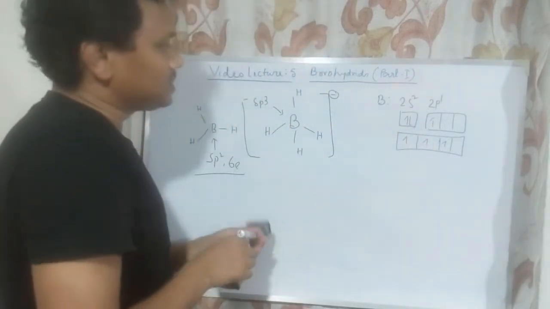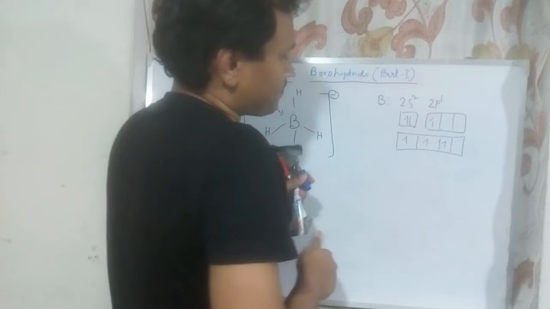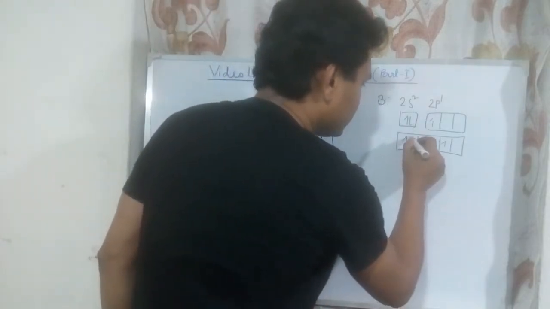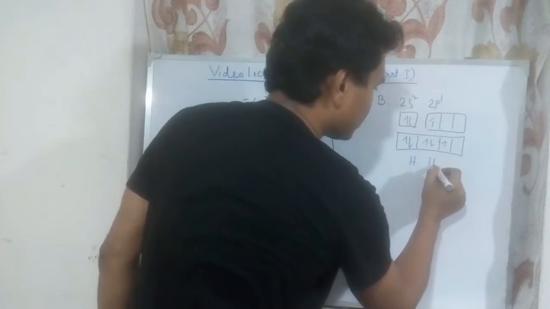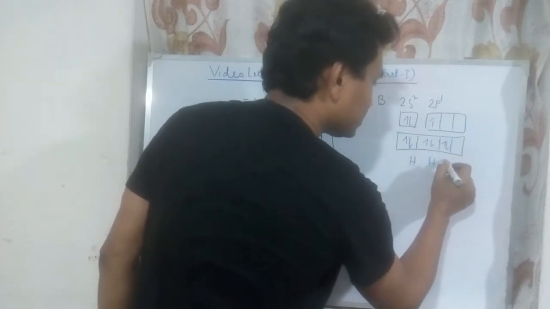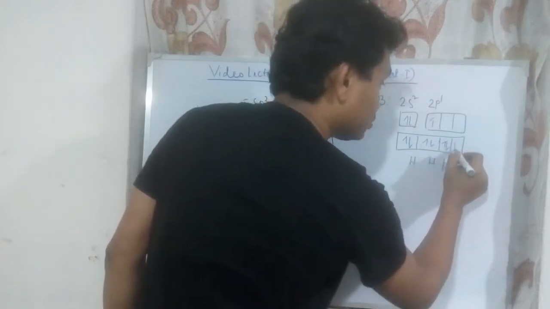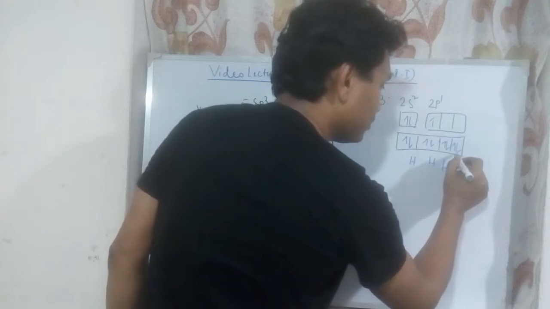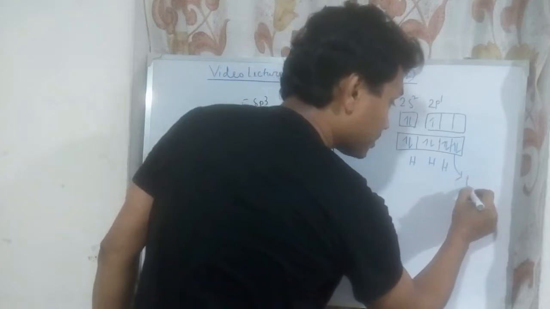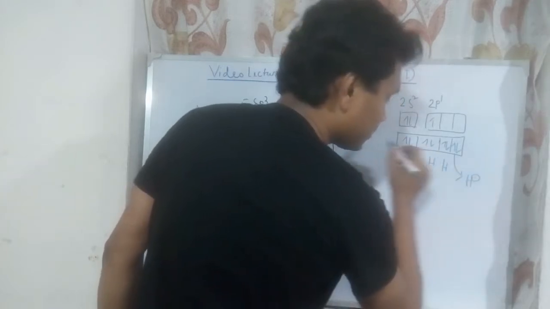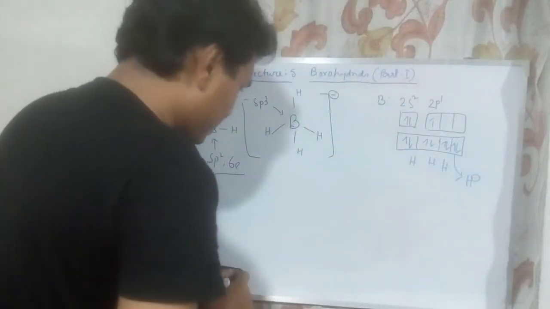These 3 singly occupied orbitals form bonds with hydrogen, this with hydrogen, this with hydrogen, and for the fourth one, the electron pair is coming from hydride. Okay, I will explain it.